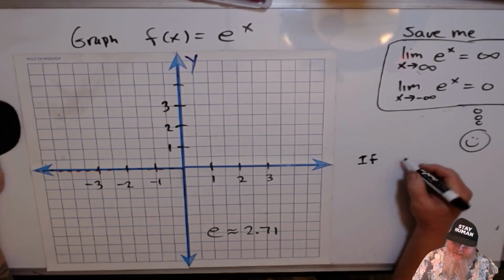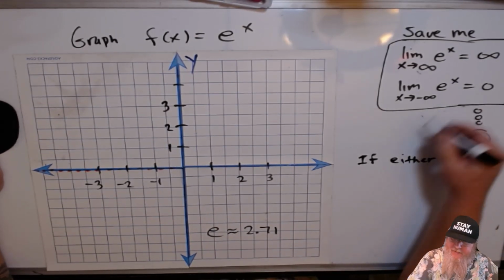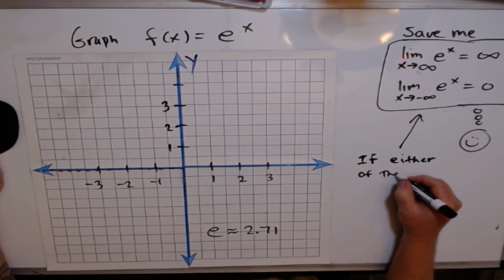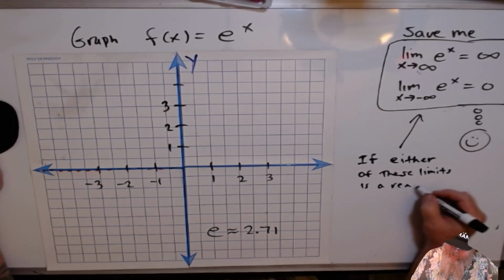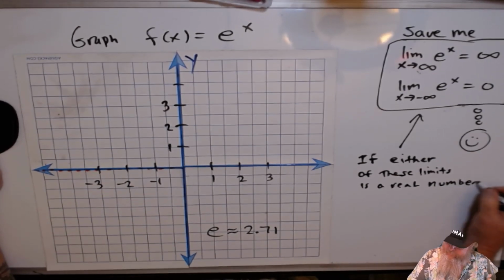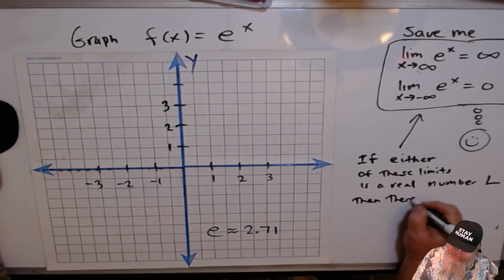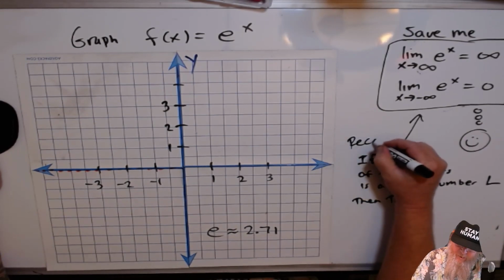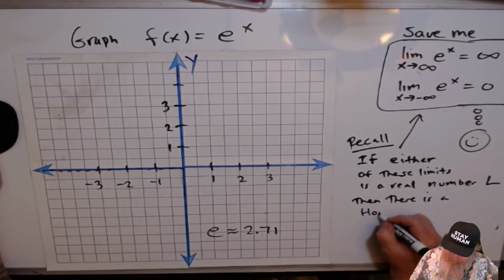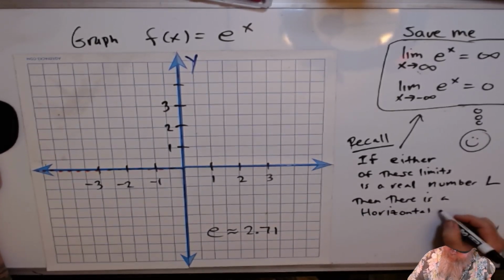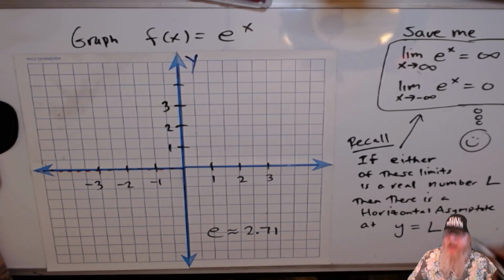So if either of these limits is a real number, L, then, this is just a review, recall from the previous lecture, there is a horizontal asymptote at y equals L.